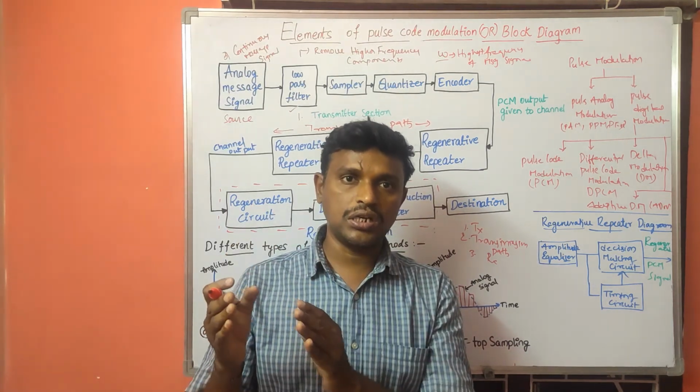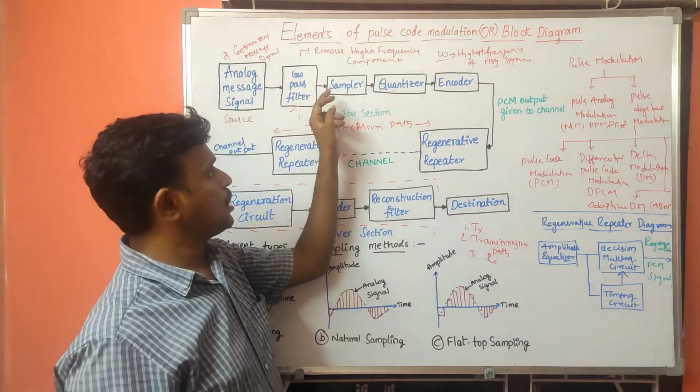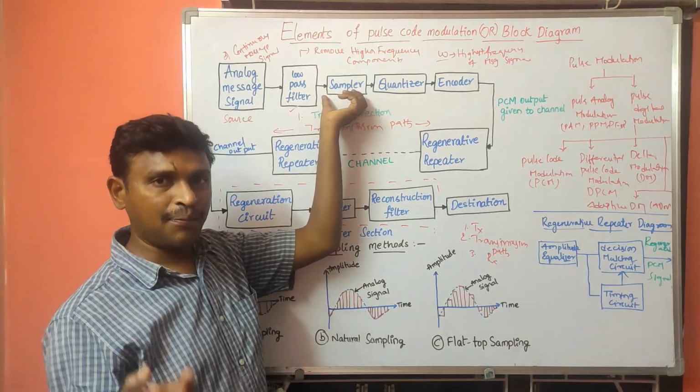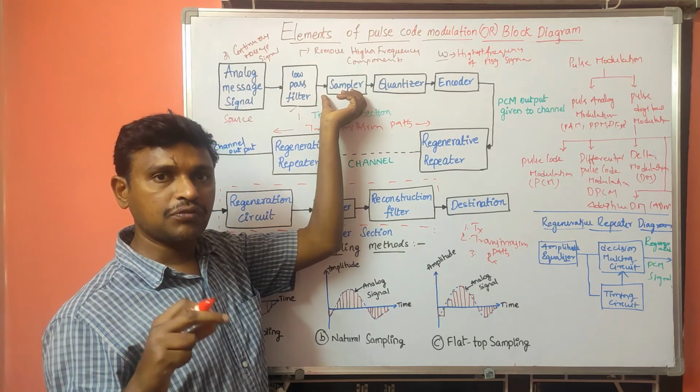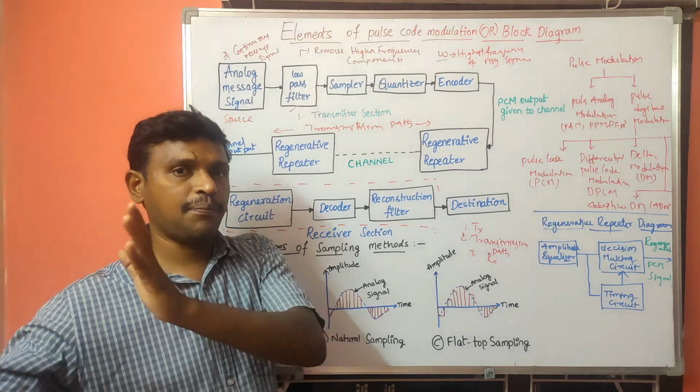whatever continuous signal or analog signal we are applying from the source low pass filter. The sampler will convert this analog signal, the output of the low pass filter, into its corresponding discrete samples.